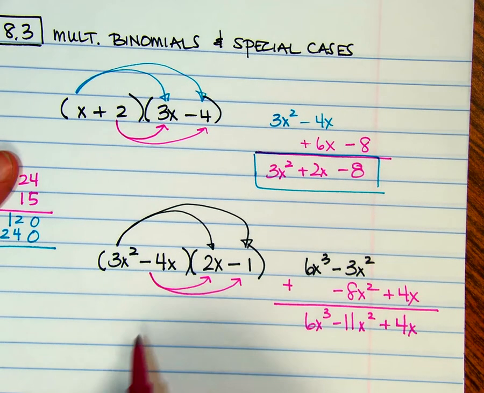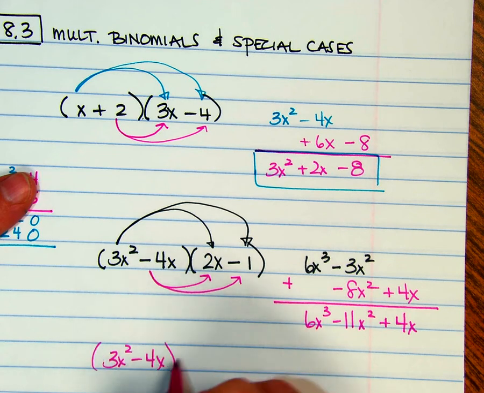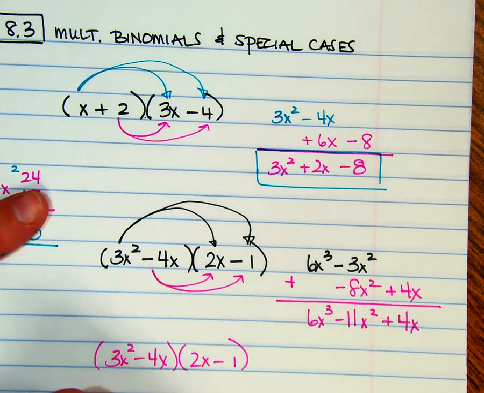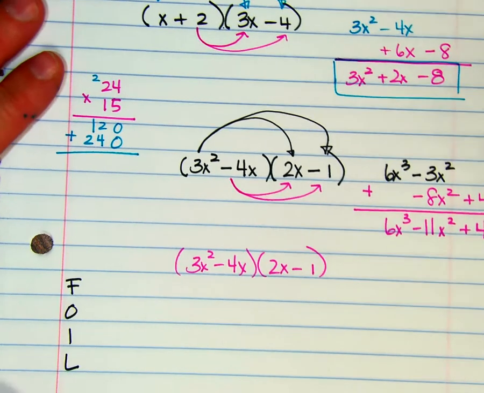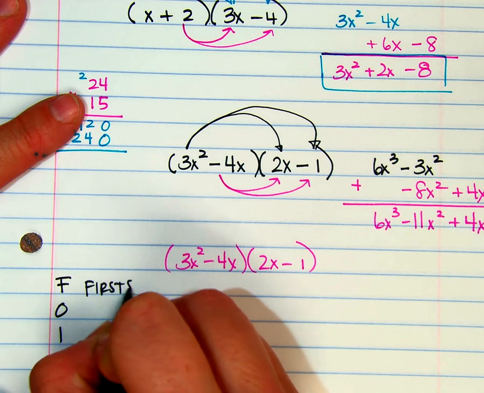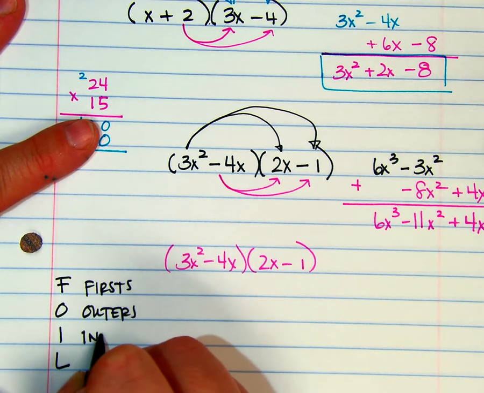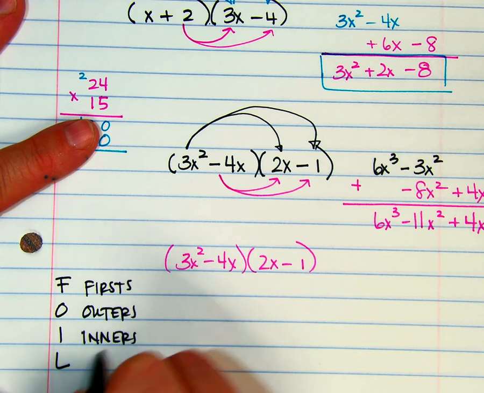This is also called FOIL. I'm just going to go ahead and write the same problem down. FOIL is just a really quick way of remembering it. Firsts, outers, inners, and lasts.